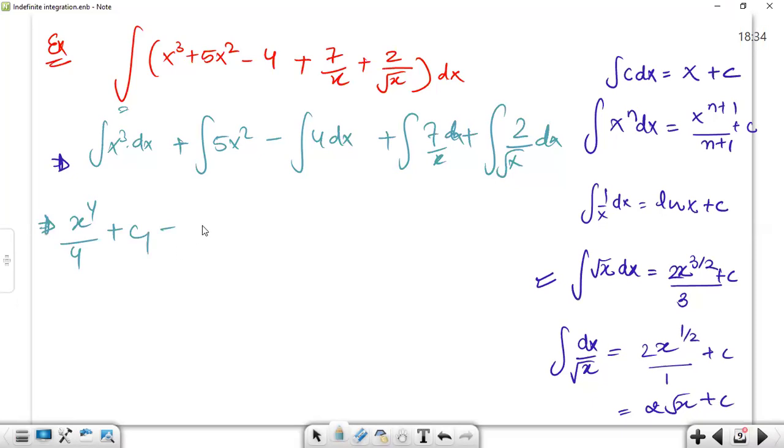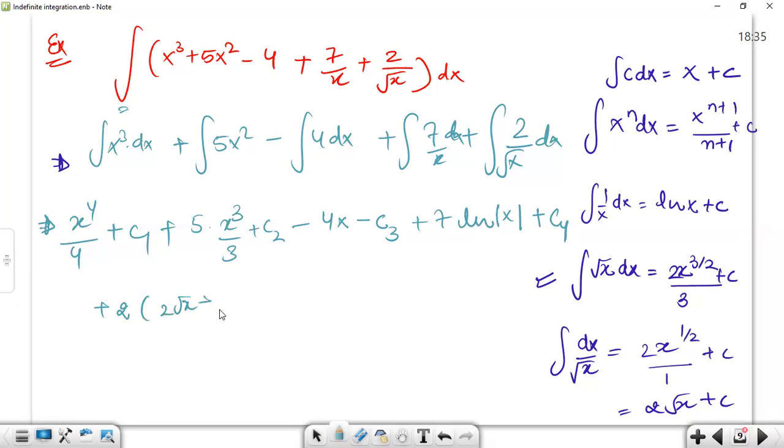Okay, let's write here only to better understand. 5 into x raised to power 2 plus 1 upon 2 plus 1, minus 4 into dx, which is x. Also, I forgot to mention the constant of this plus constant of integration of this, then minus 4 into x minus constant, plus 7 logarithm of x plus some constant, and plus 2 into 2 root x plus some constant.